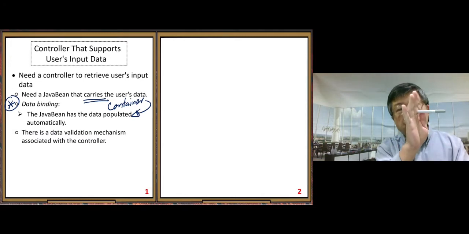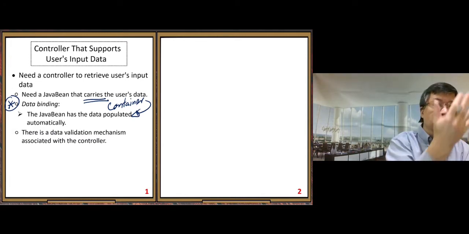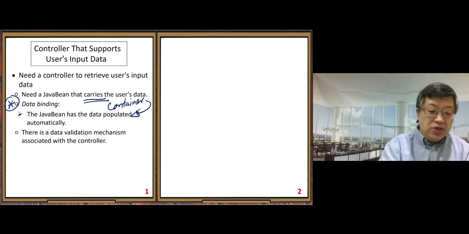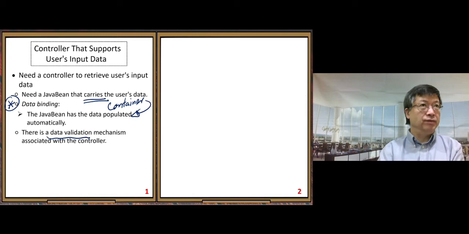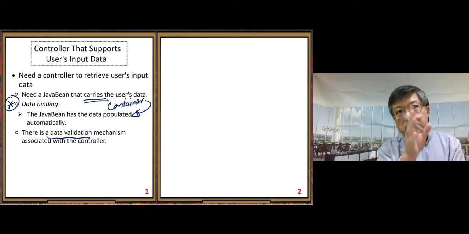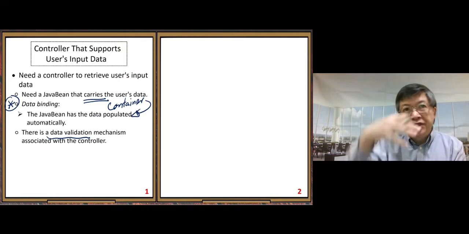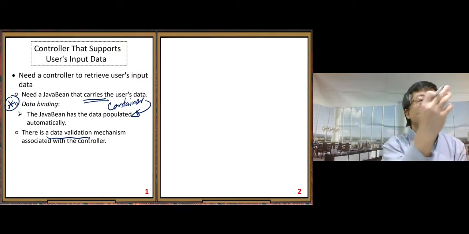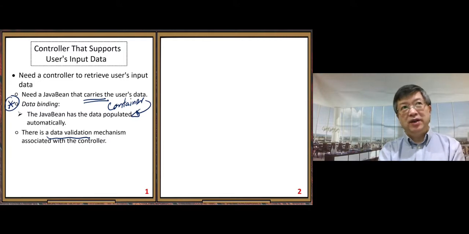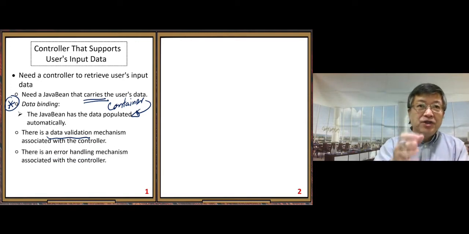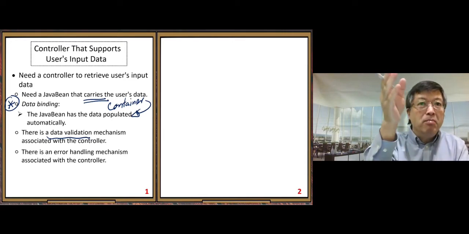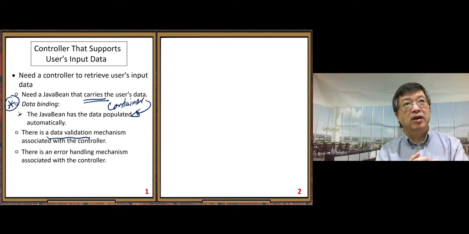Then there is another feature associated with the Java bean: data validation. When you store data inside the Java bean, how do you know the data is valid? So the data validation step also is associated with the special controller. So you can see, not that simple. A lot of things you need to do. And there is another thing: there is an error handling mechanism associated with the controller.